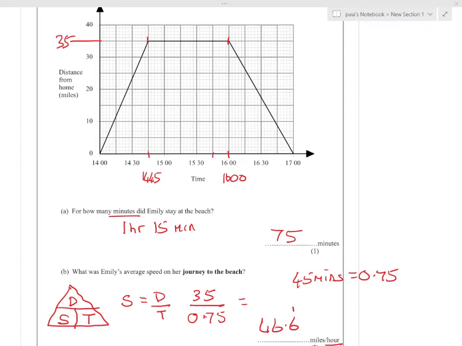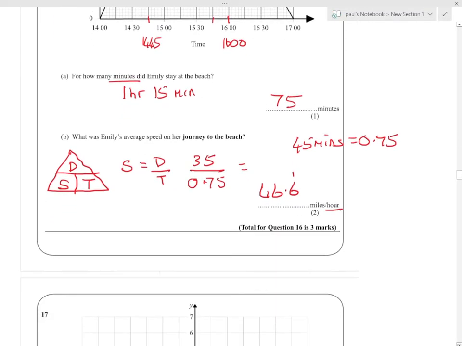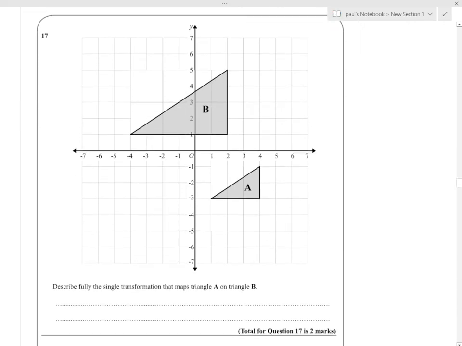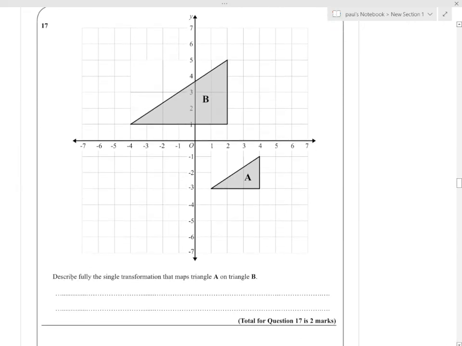Right, okay, what have we got here? We've got the next one, which is some kind of transformation thing. Describe fully the single transformation that maps A onto B. So we're going that way, yeah?